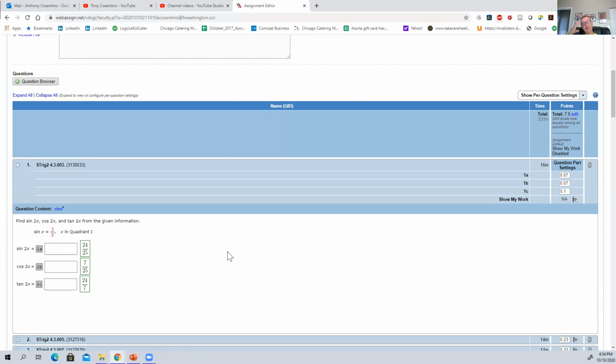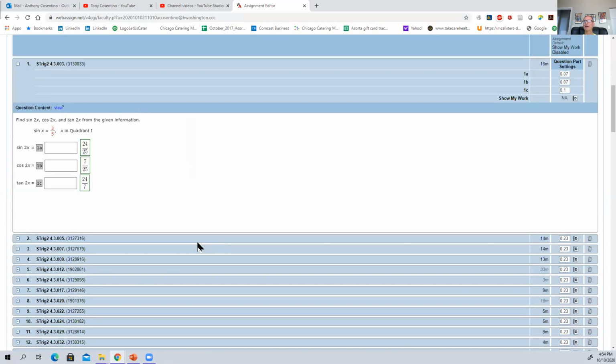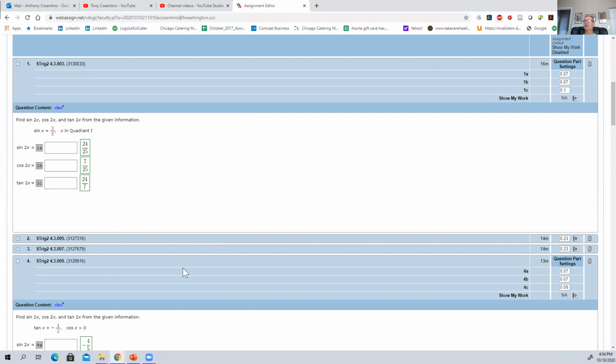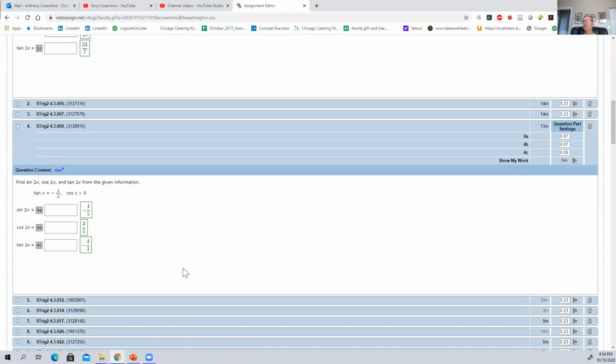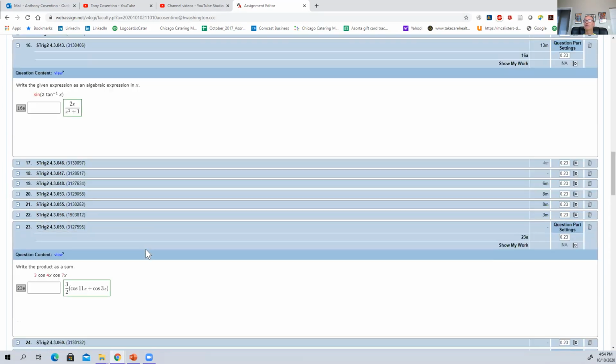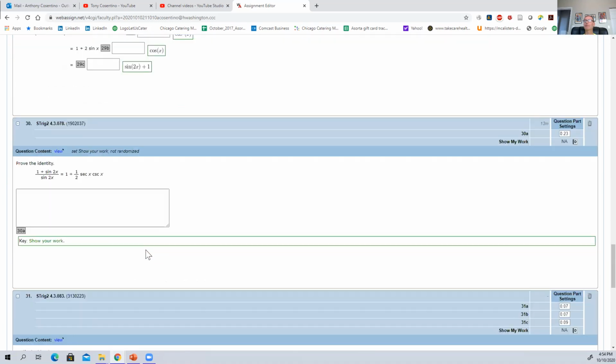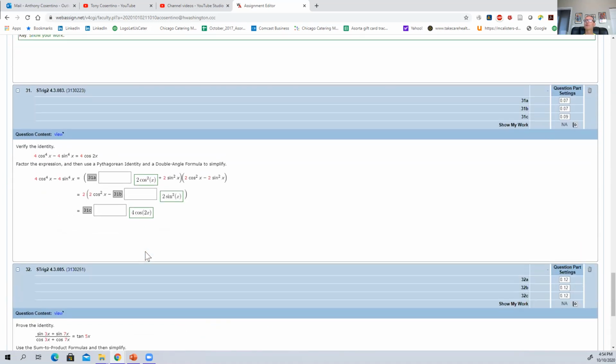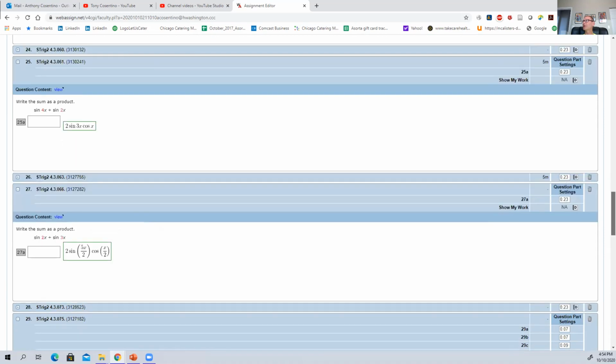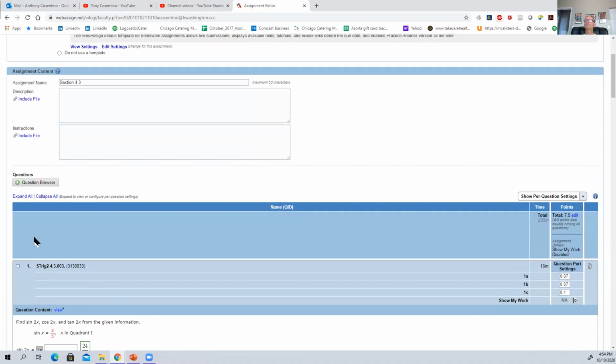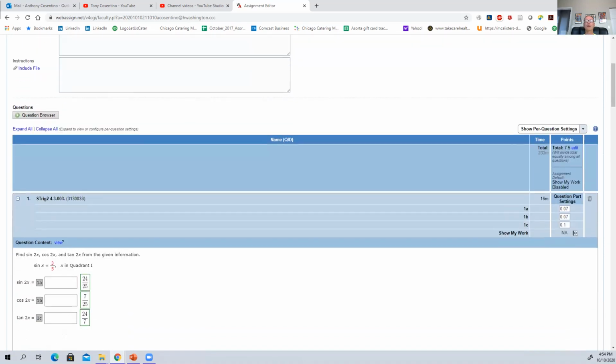So again, this is just starting to get you to think on how these double angle formulas are actually used in the calculations. So there's quite a few of those. You'll see that it's a long homework assignment, quite a few, 30 some. But again, we only have one homework assignment for this week, one section for this week.